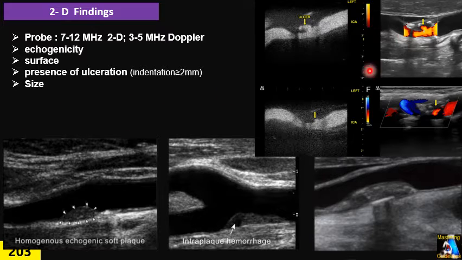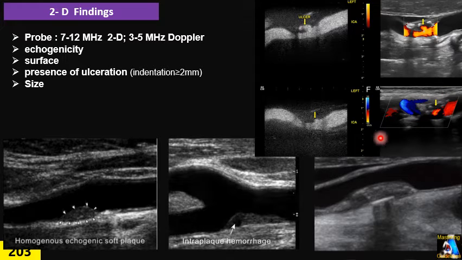For ulceration, we have to optimize our 2D image, and if you see any irregularity at the surface of the plaque, we always have to think about whether there is ulceration or not.